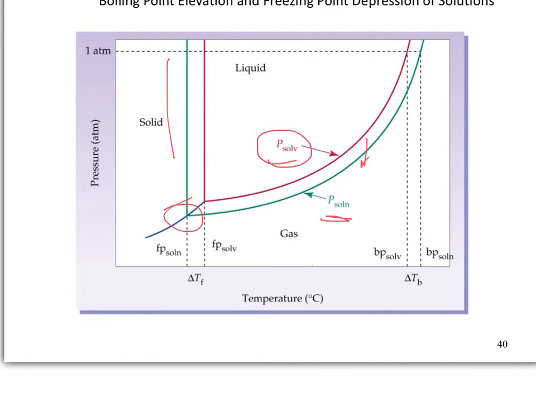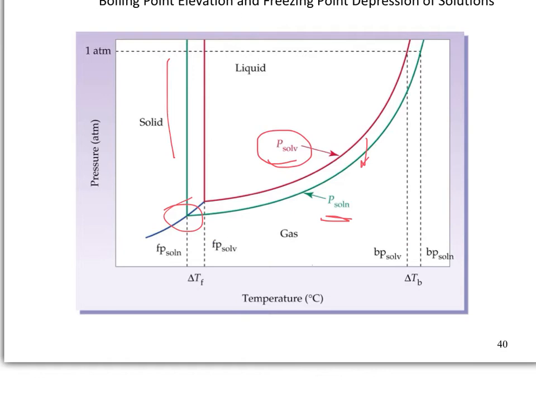What you would be doing, between you and your lab partner, is being assigned an unknown. You have to carry out this freezing point depression experiment and determine the molecular mass of this unknown solid that you have been given.